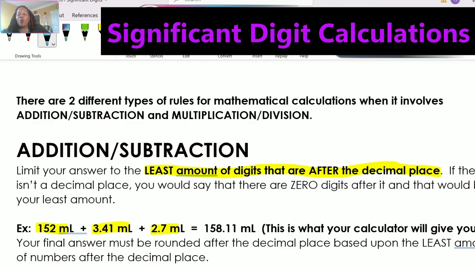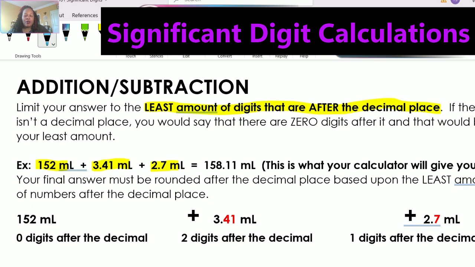If we look for what's after the decimal place in these 3 numbers, there are 0 digits after the decimal in the 152. There are 2 digits after the decimal in 3.41, but then there's 1 significant digit after the decimal in 2.7.